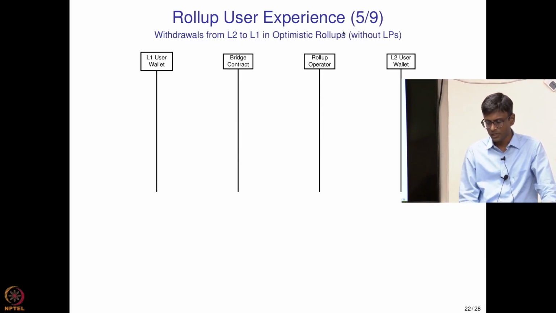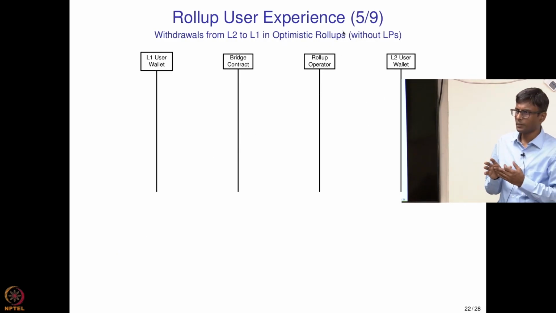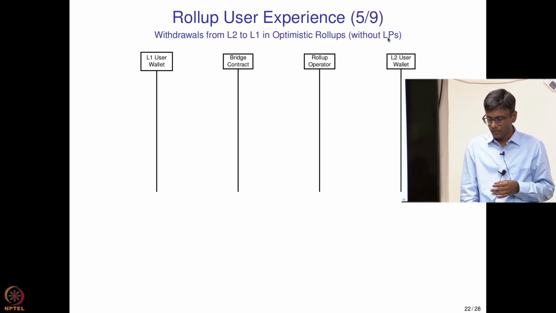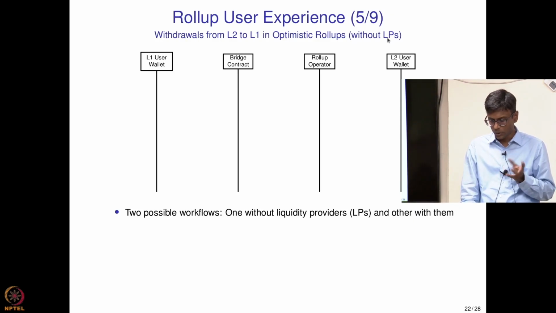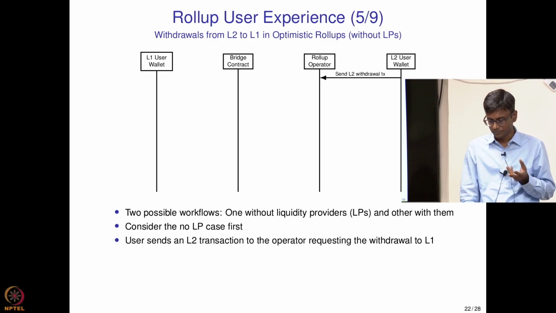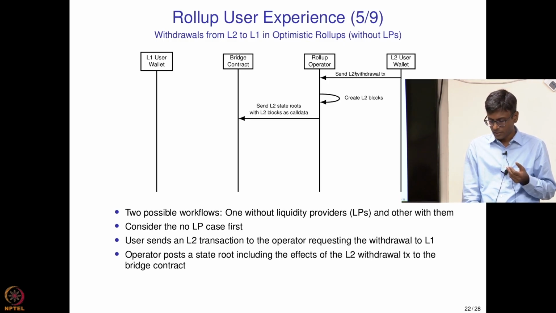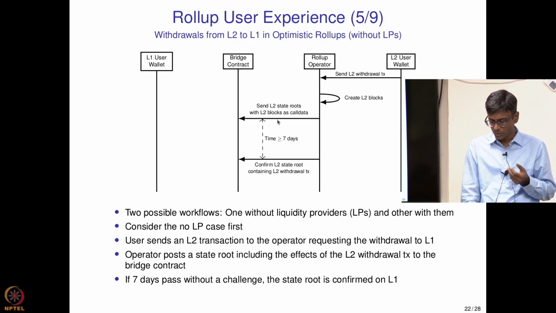In optimistic rollups, there are two scenarios. There is something called a liquidity provider or an LP. Liquidity providers can speed up your withdrawal, but we look at the case without liquidity providers first. Suppose there is no liquidity provider, then the user sends a layer 2 withdrawal transaction, the blocks are created, state roots are posted.